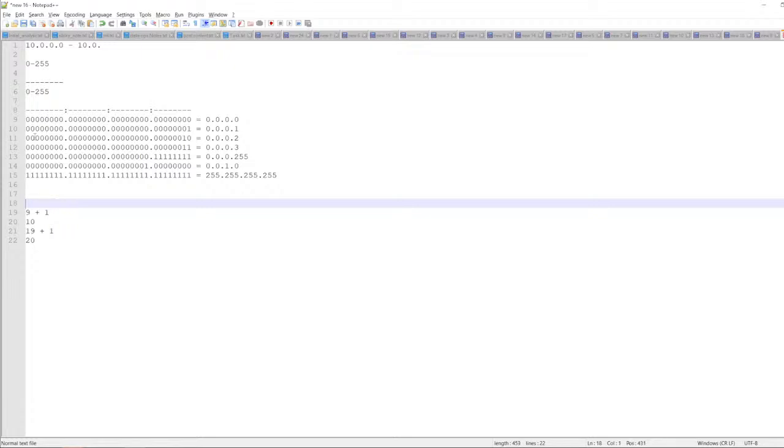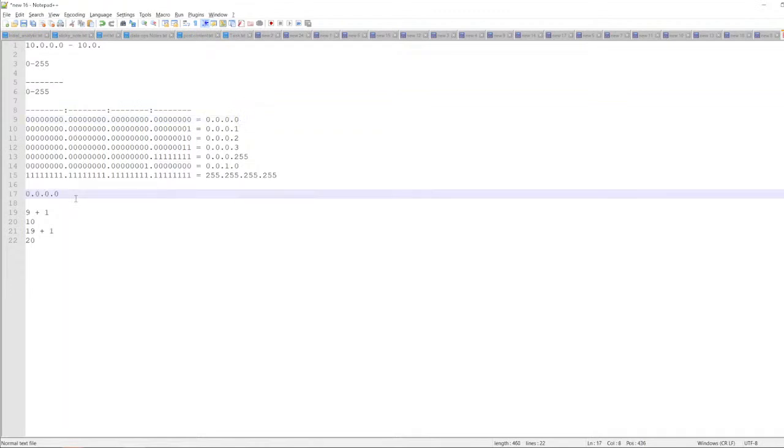So what is the initial value of our IPv4? 0.0.0.0. What is the maximum value? 255.255.255.255. Is it clear in this one? Now this is the range I have defined for the whole IP of IPv4, the whole IP addresses.